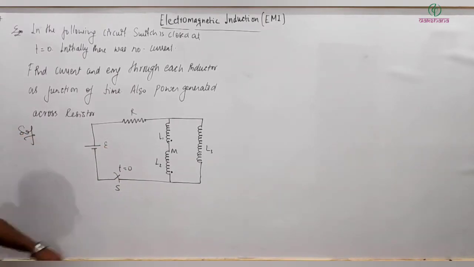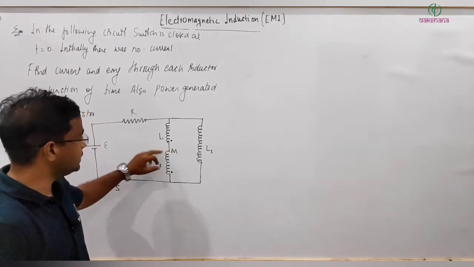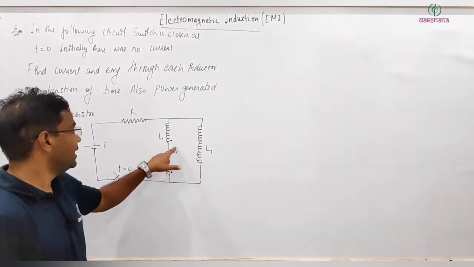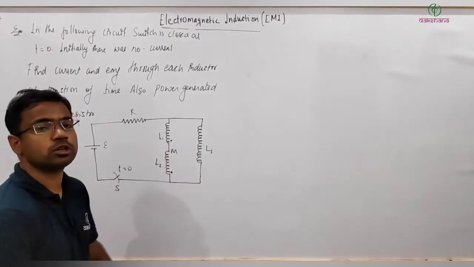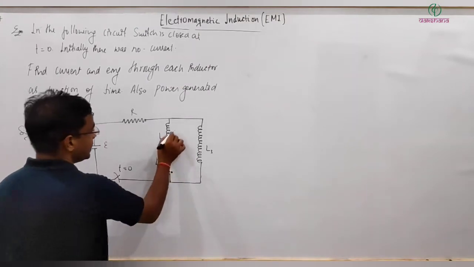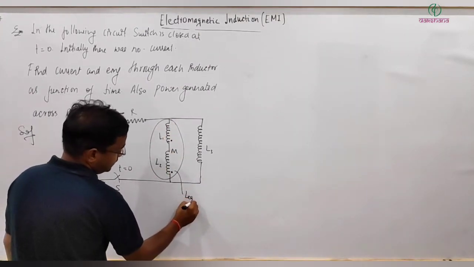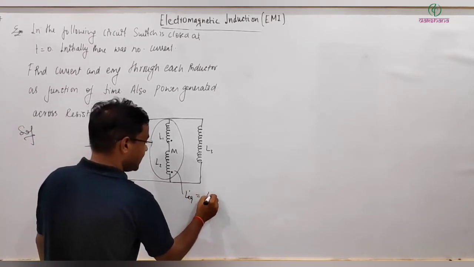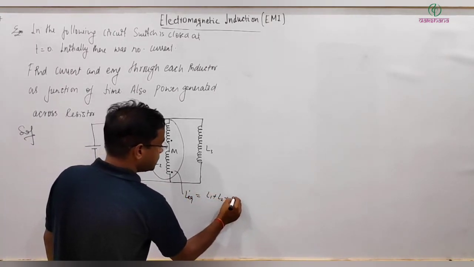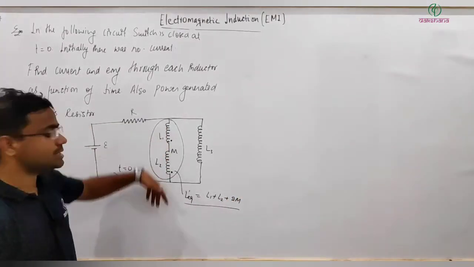So first, here we have three inductors. These two are connected in series and across this in parallel. There is also mutual inductance, and the dot convention is also given. If I take this series combination, then L equivalent, let's say 1, comes out to be L1 plus L2 plus 2M, because the flux is in the same direction.